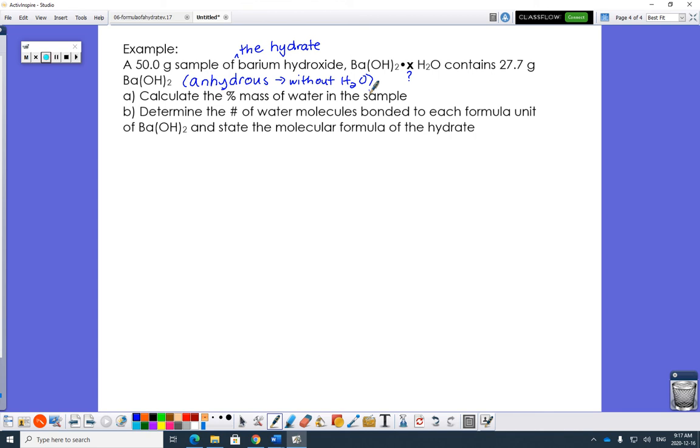Calculate the mass percent of water. So we know how much the hydrate is, we know how much the anhydrous is. You can't create matter from nothing, so the difference between them is the gram amount of water.